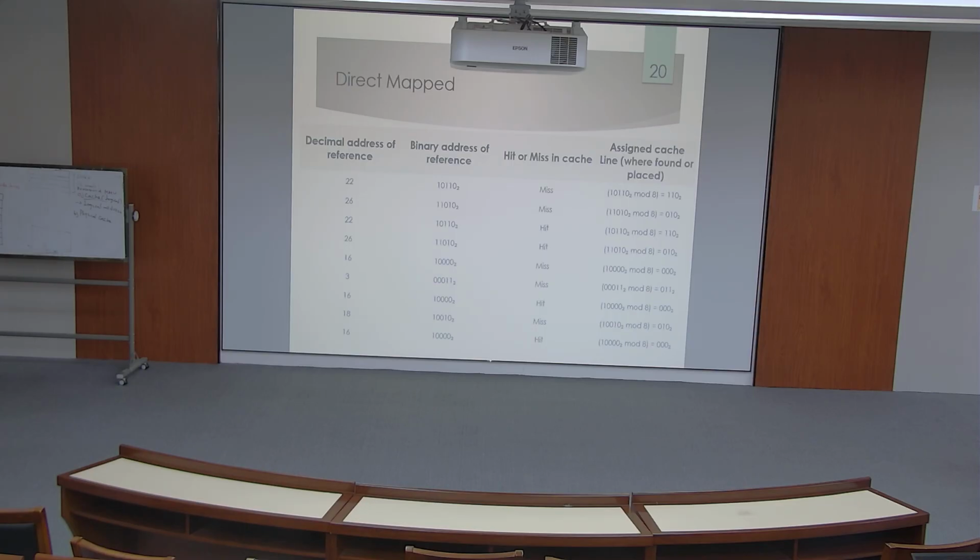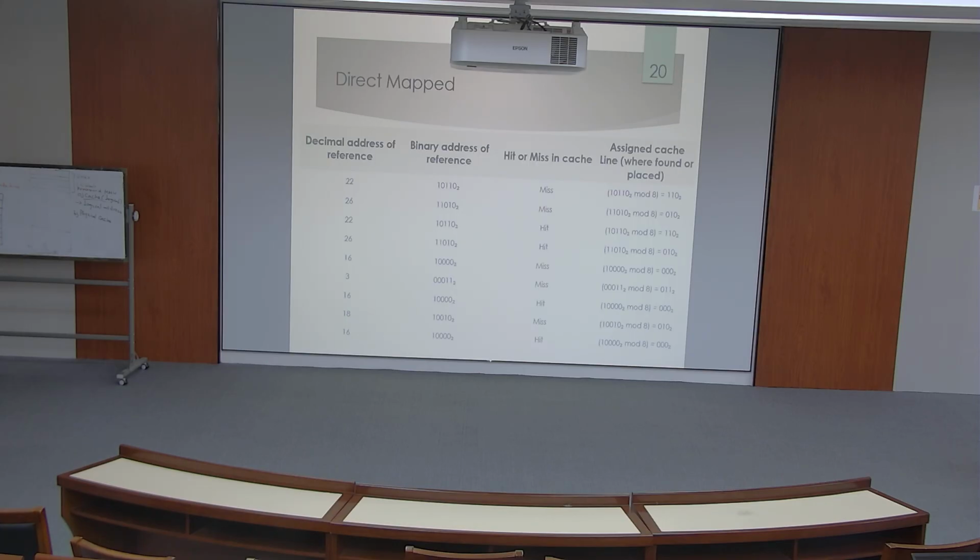Multiplied by 8, what is the remainder? Class 5, number 3. What is the cache line for this block number 3? It is 3. Since it is the first time to load this block into the cache line, we have block number 3.